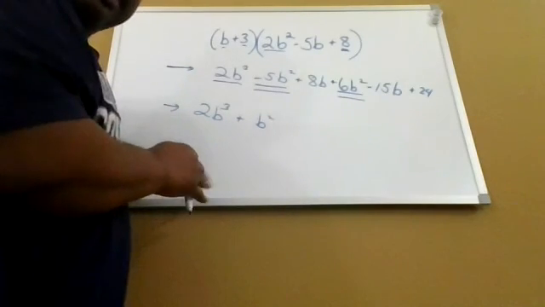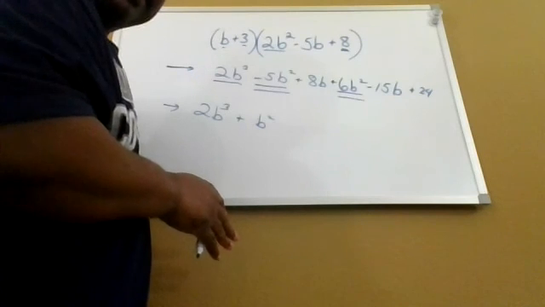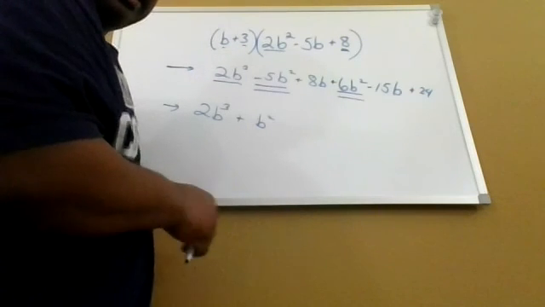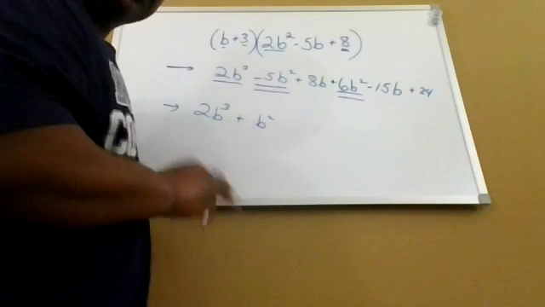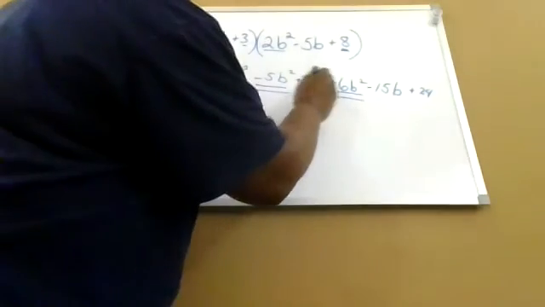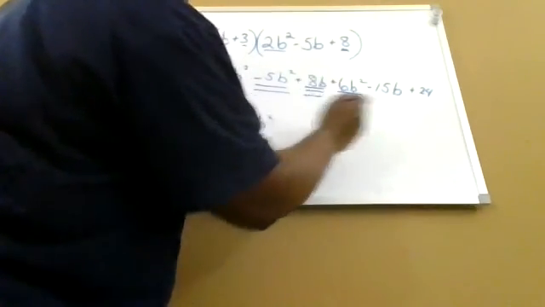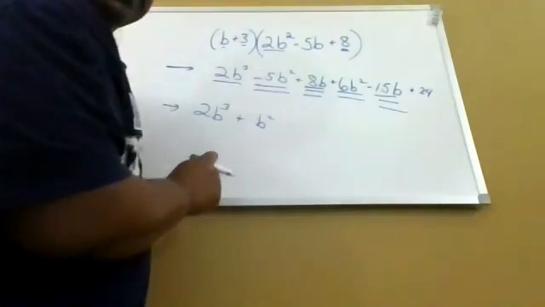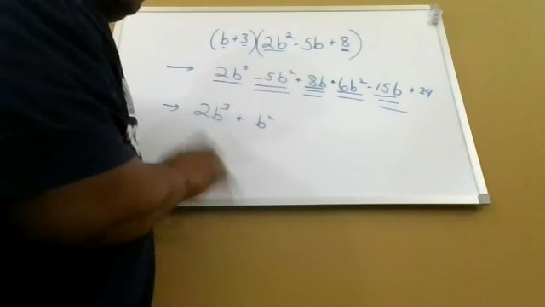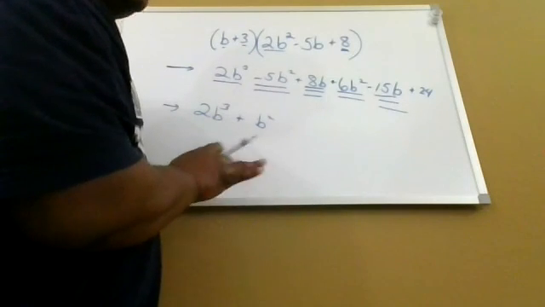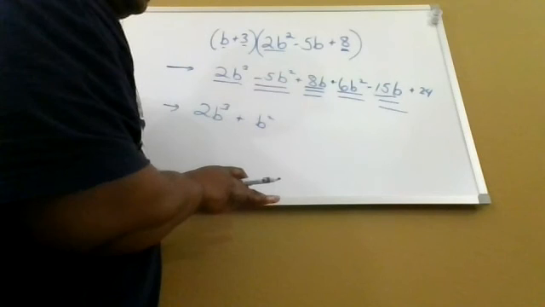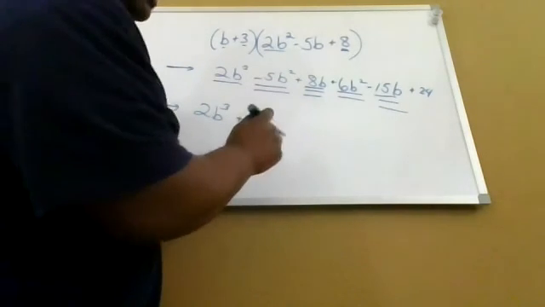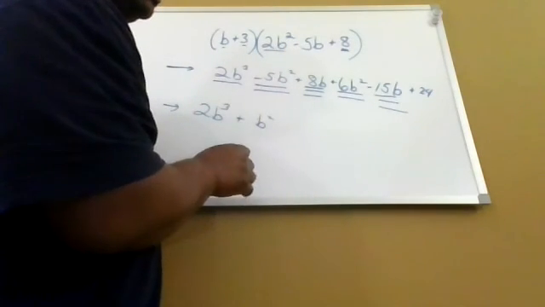Now I'm going to underline my terms that have just b in them, and I'm going to underline those 3 times. So what I have is 8b minus 15b, which is going to equal negative 7b.